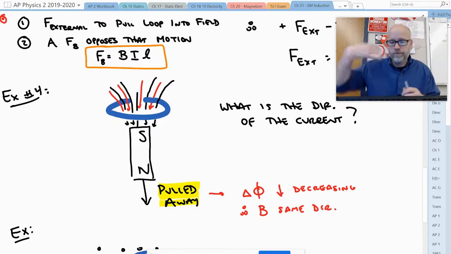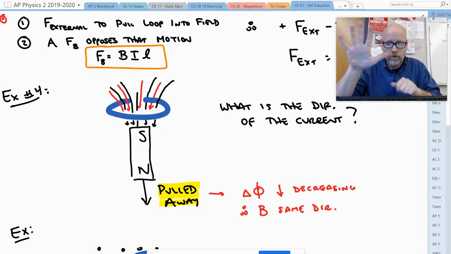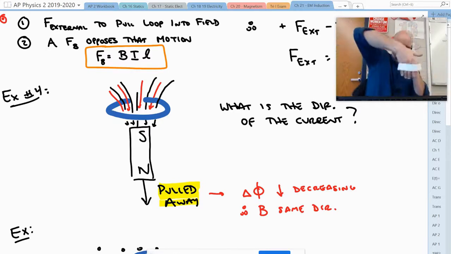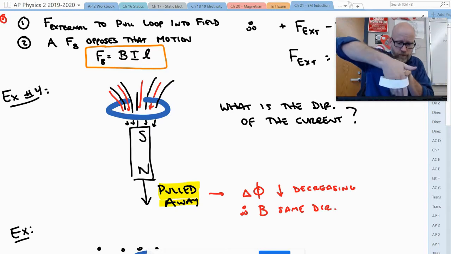So now I take out my right hand. No, this one, right hand. Put it in the loop and figure out the direction of the current. Go ahead. In your mind, don't look at my picture because it's opposite thanks to Zoom.